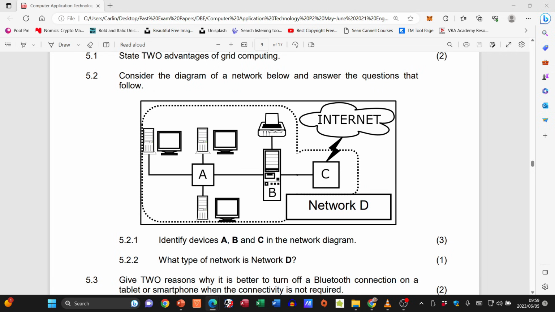That is going to be our switch. Okay, you can also say hub, but generally we would like you to indicate that this is a switch. And then I've got my printer over here. Now, why do I have the printer connected to the server? Because generally I have one printer and then I give everybody access to that printer. Therefore, I'm providing the service of printing.